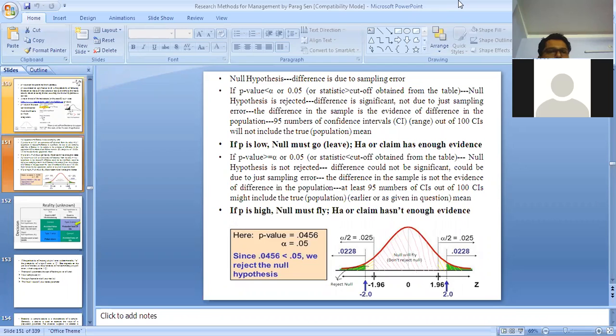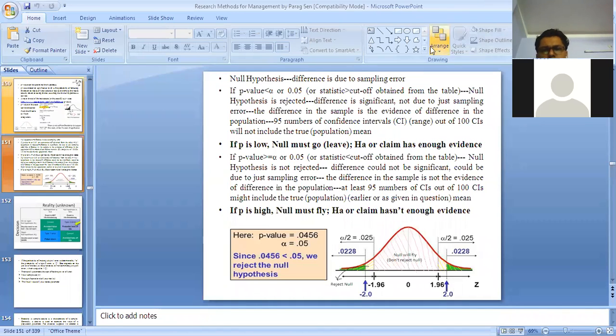But if your p value is high, then null must fly. Null must fly means null will remain. That means you cannot say that there is enough evidence that the VITian research scholars are stressed.